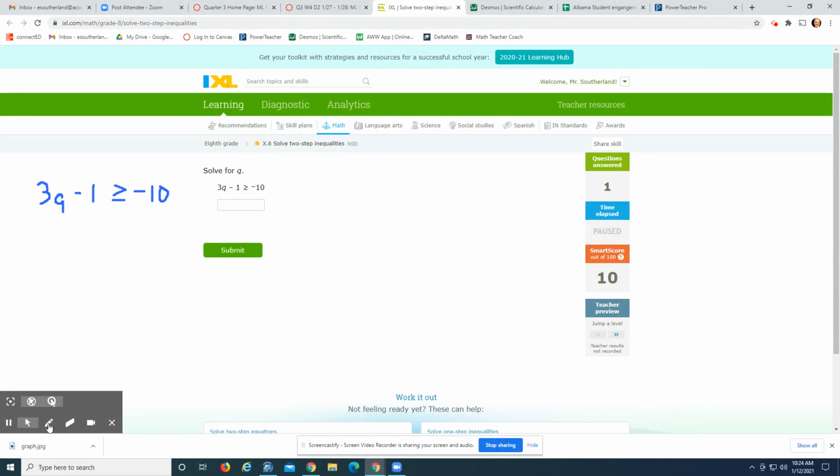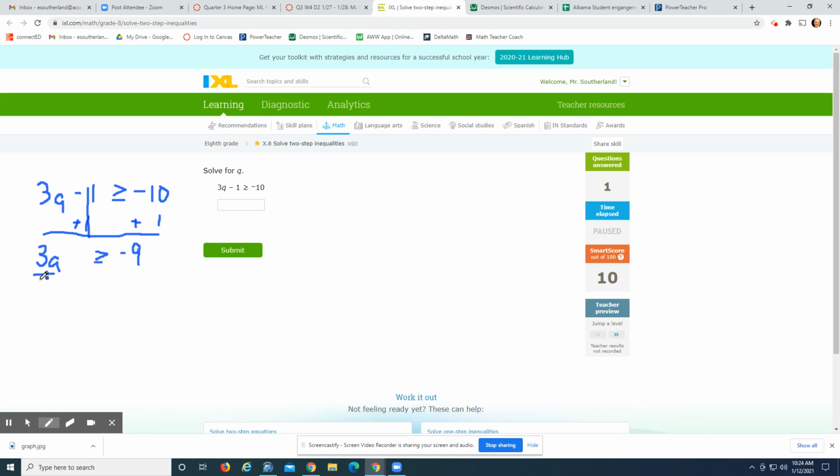All right, so then the next thing that you're going to do is add 1 to both sides to get rid of that minus 1. And so you solve this just like a regular equation. 3q drops down, the 1's cancel, the sign drops down, and then negative 10 plus 1 is negative 9.